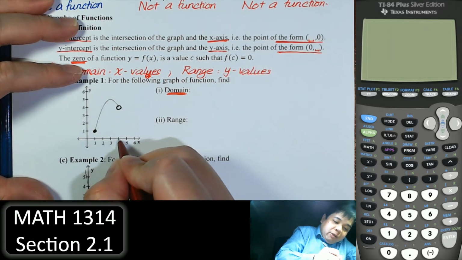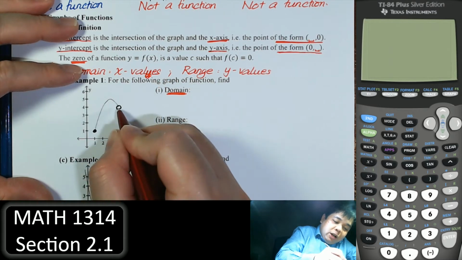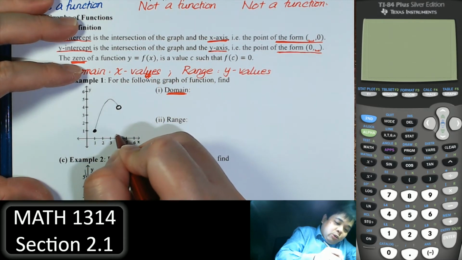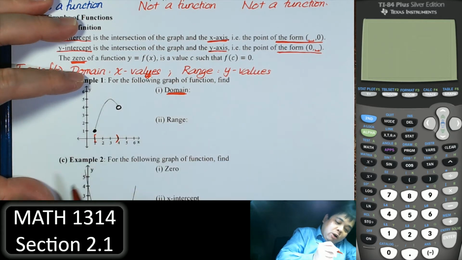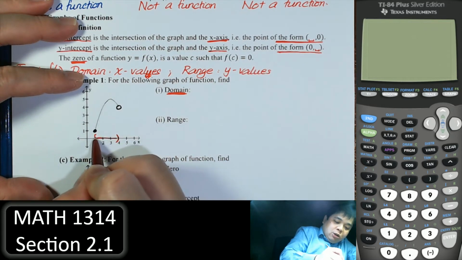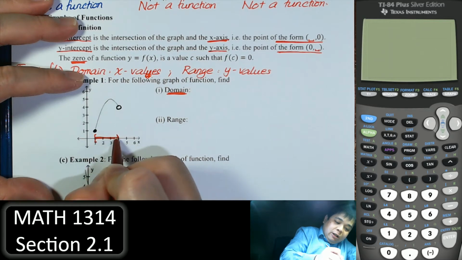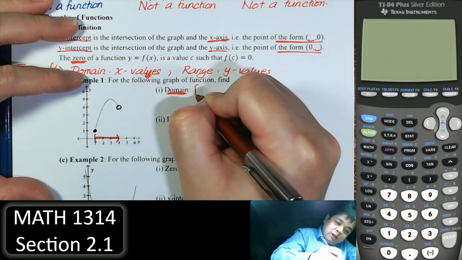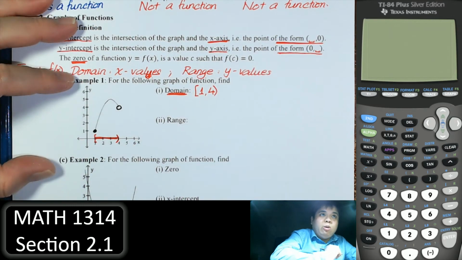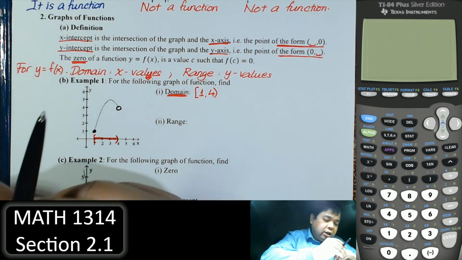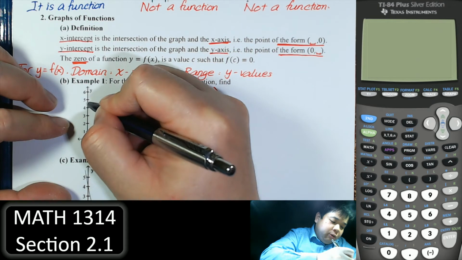So here we have the x values from 1 to 4, but not including the 4. So we're going to use a bracket at 1 and a parenthesis at 4, and this is the domain. So we're going to write from 1 to 4, not including the 4. Right, the range. The range will go from here to here.